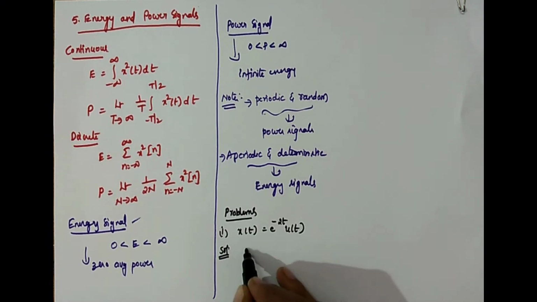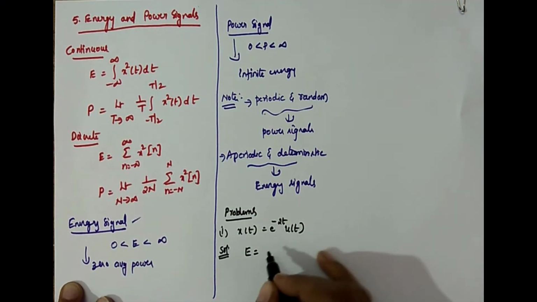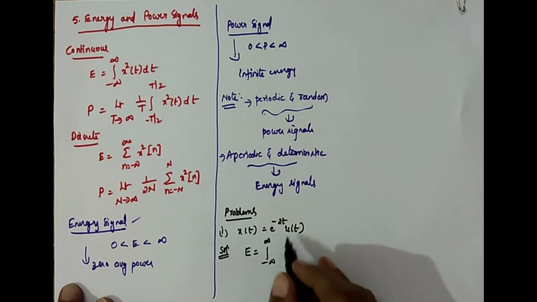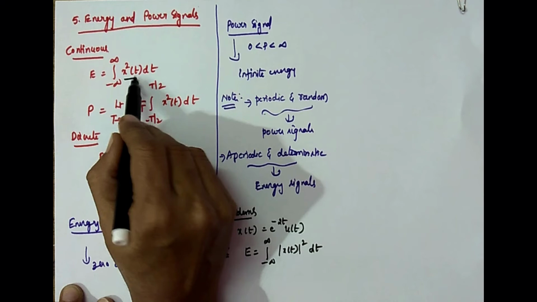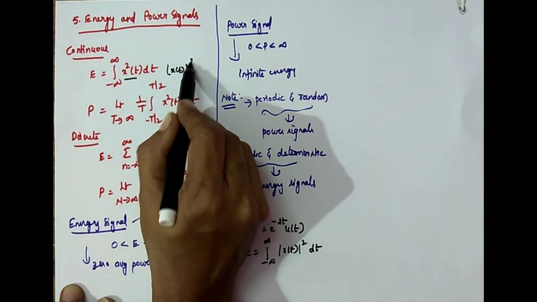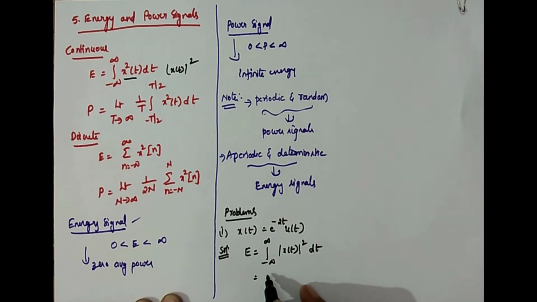For that, you need to first find the energy using this formula: integral from minus infinity to infinity of mod x of t whole square dt.